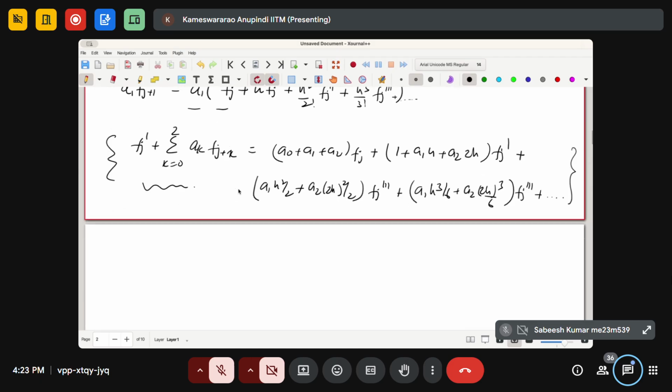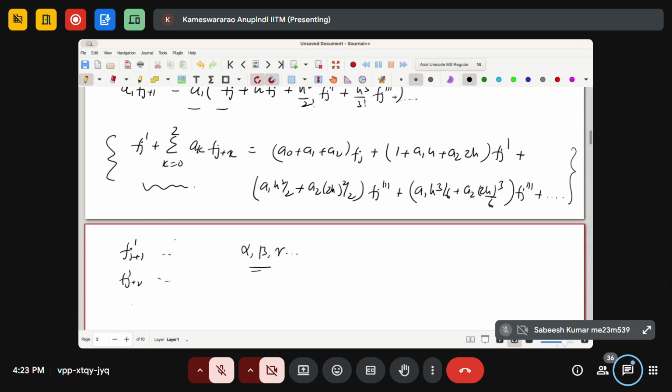If you recall earlier, we were writing these expressions. We were using the Fj plus 1 expansion, Fj plus 2 expansion, and all those things. Then we were using these free parameters, alpha, beta, gamma, and so on, to multiply with all these values.